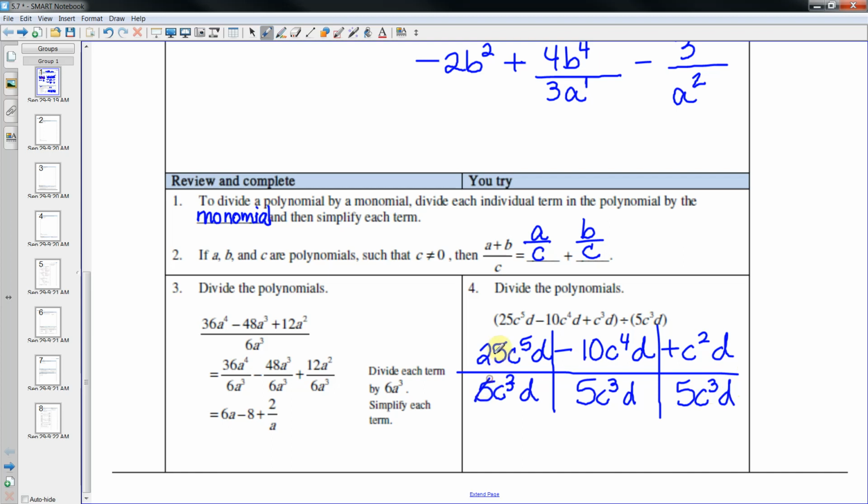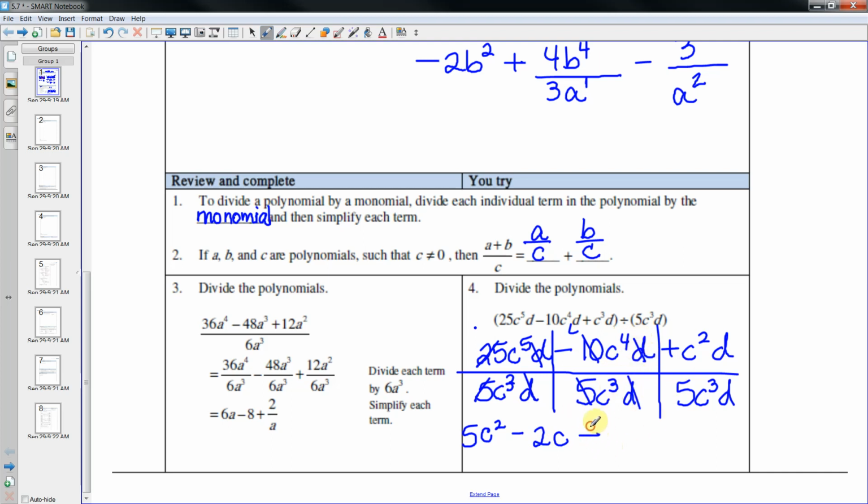Okay, 5 goes into 25 5 times. C to the 5th over c cubed gives me c squared, and then my d's cancel, so no d's left. Alright, and then the second term, 5 goes into 10 2 times, and it's a minus because I have a minus 10 up there. C to the 4th over c cubed, 4 minus 3 is 1, so I have a c to the 1. D's cancel again.